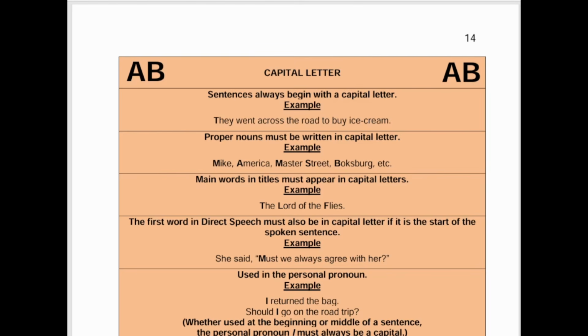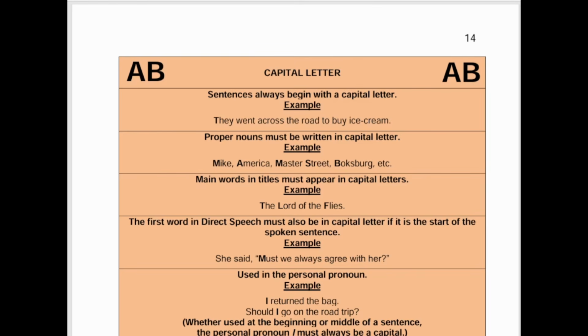Then the third use of a capital letter: main words in titles must appear in capital letters. Example: The Lord of the Flies. You can see from that example that the main words start with a capital letter.